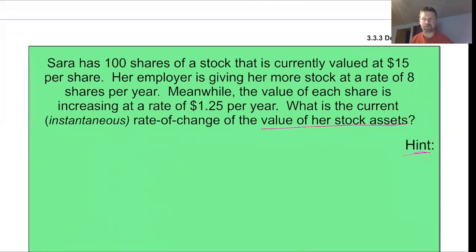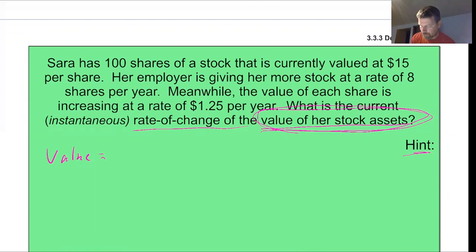I had a hint here that I was going to pull out, but I can't, so I'm just going to write it down. Since this is what I'm trying to find, the rate of change, I need a formula that gives the value of her stock assets. The value is going to depend on 2 things: how many shares of stock she has and what the price per share is.